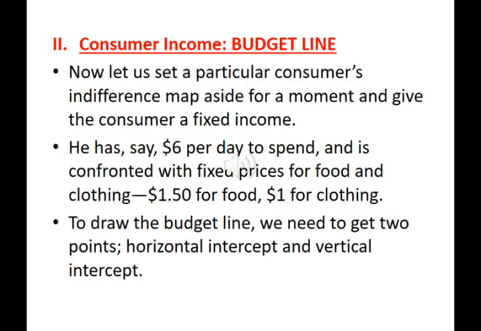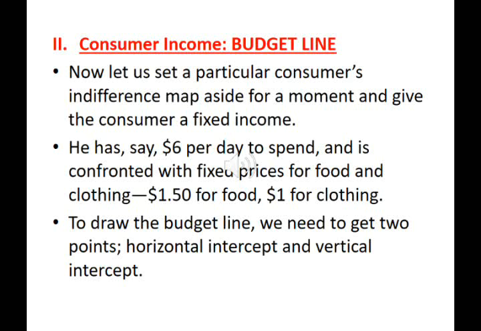So let's assume, as an example, that our consumer earns $6 per day. This is his income, and he is confronted with fixed prices for food and clothes, where the price of food is 1.5 and the price of clothes is 1.